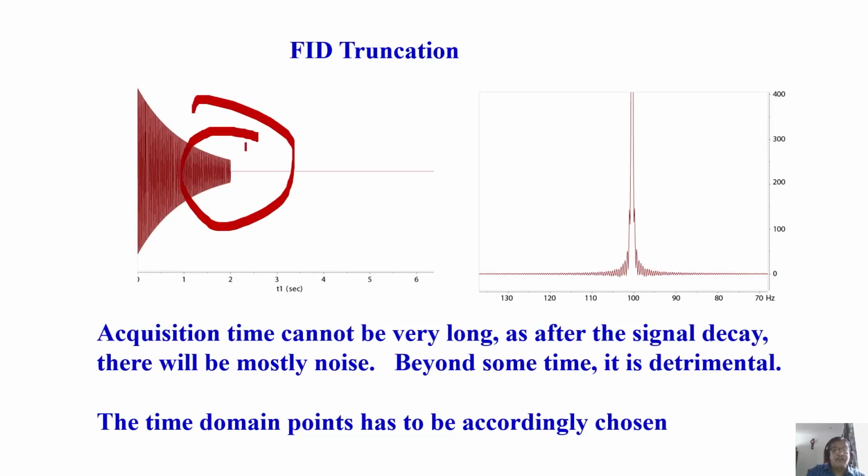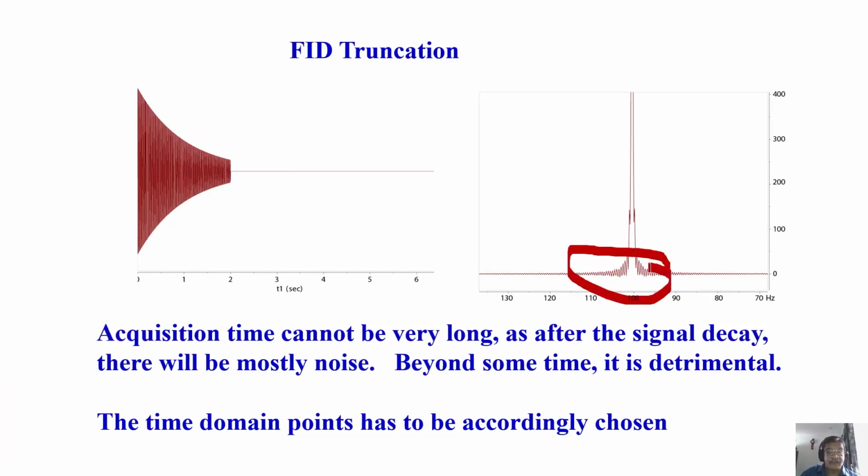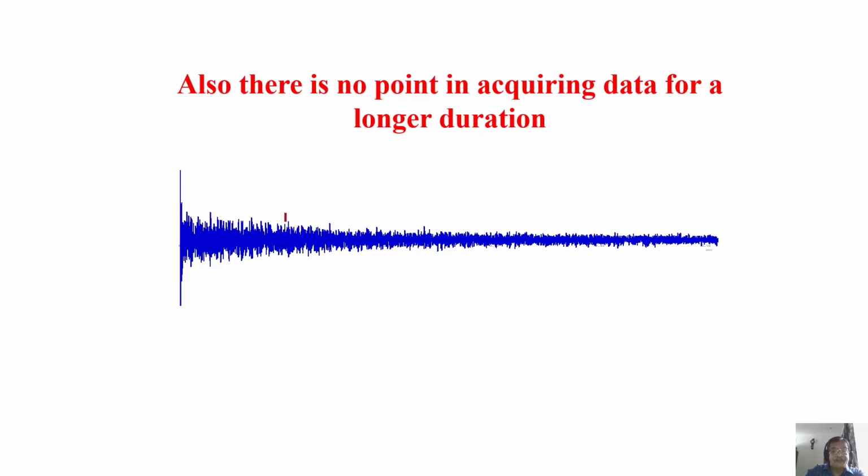If the FID is truncated, not fully allowed to decay, after Fourier transformation you get spikes like this on either side of the peak. They're called sinc function artifacts, or sinc peaks. So the FID should not be truncated. You have to ensure it decays completely. Till then, you have to collect the signal.